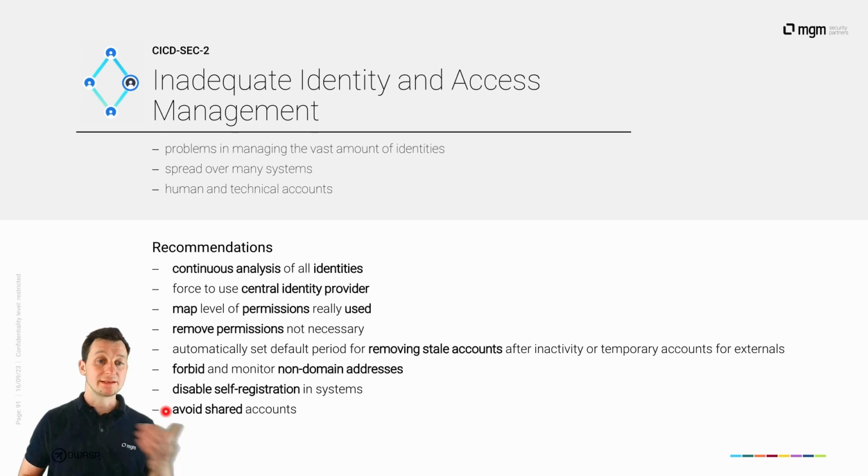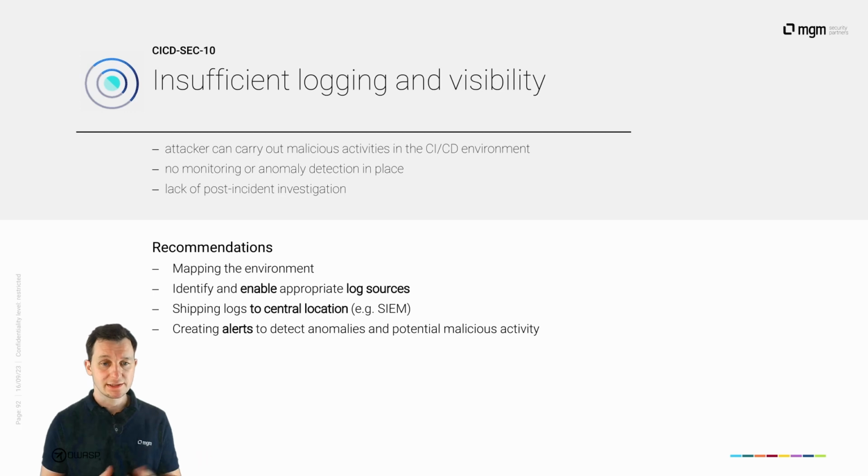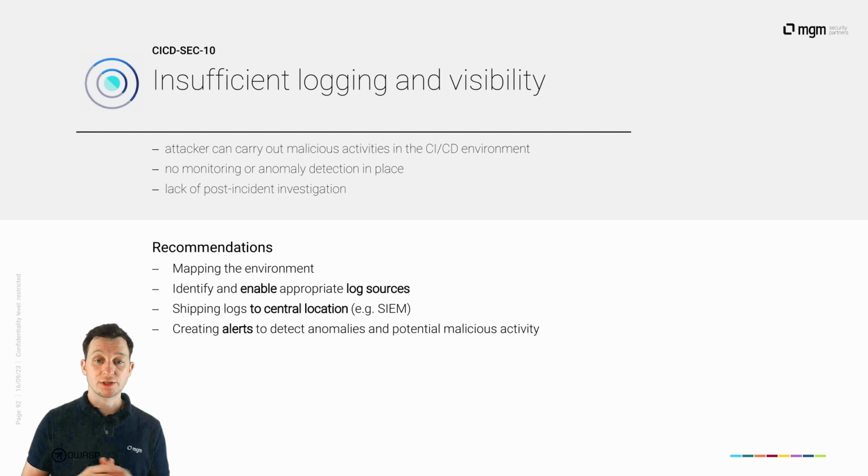Okay. And then another thing where we could sum it up is insufficient logging and visibility, because of course it would make a problem here in this case that we use a password list. When we would have a good logging system that is looking for anomalies, then we could create an alarm based on that, because normally it should not be the case that a person is trying 500 passwords in some minutes against a Jenkins account.